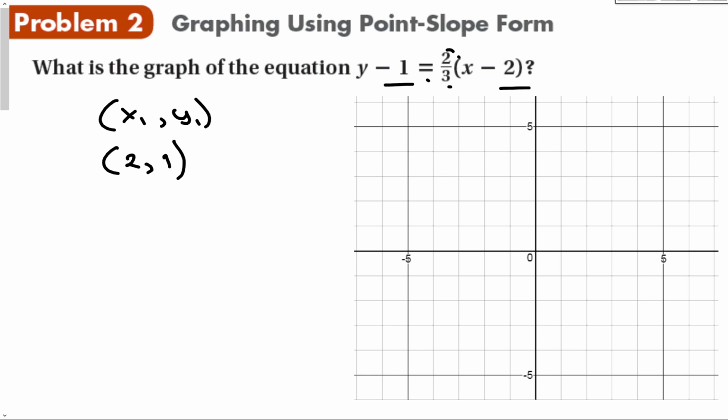So I put a dot at 2, 1, which is right here. Then the slope, 2/3, tells me to go up 2, right 3, or down 2, left 3. And now I have an equation, down 2, left 3 again. I have my line.